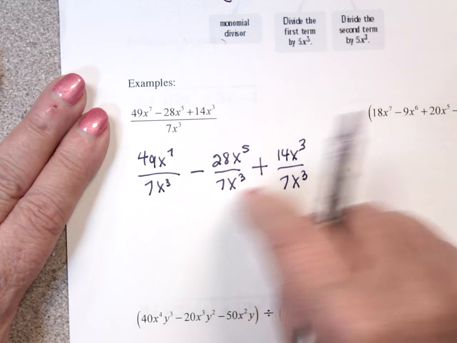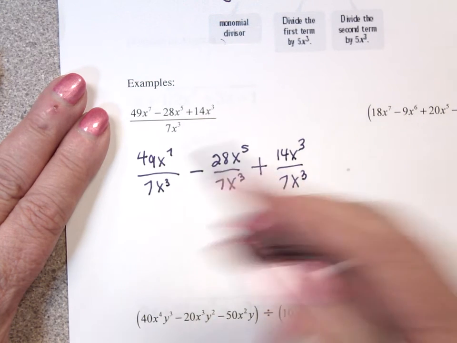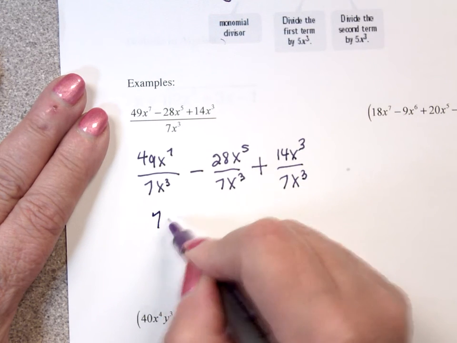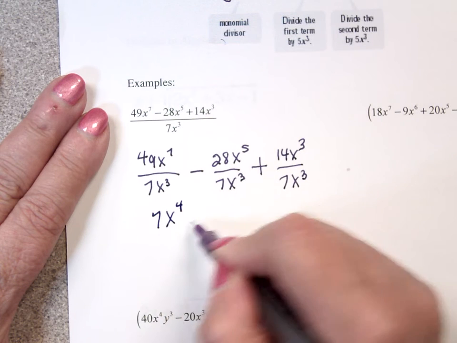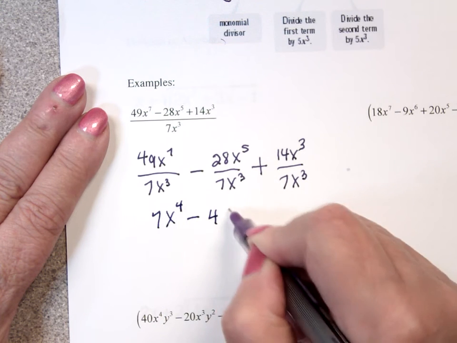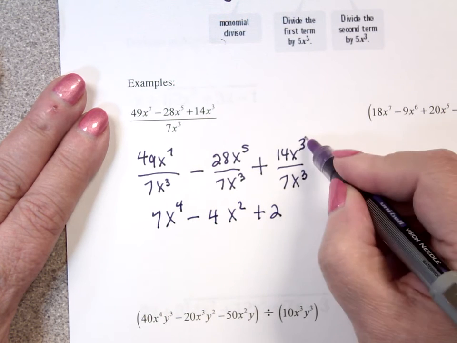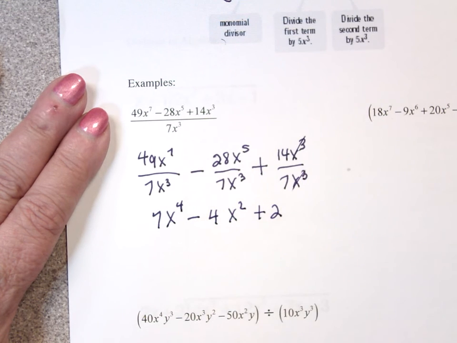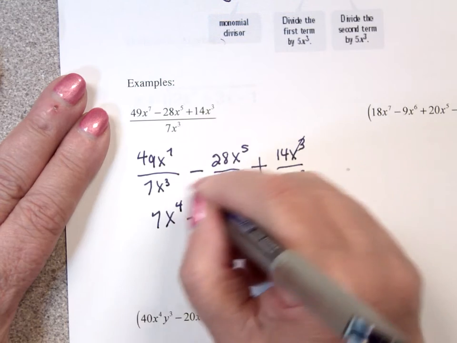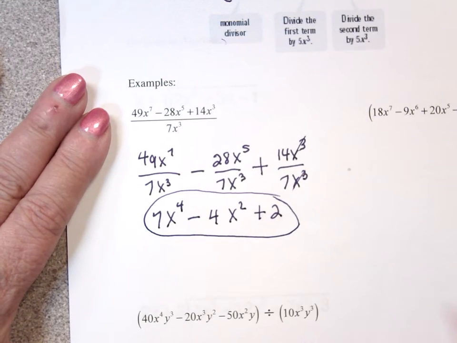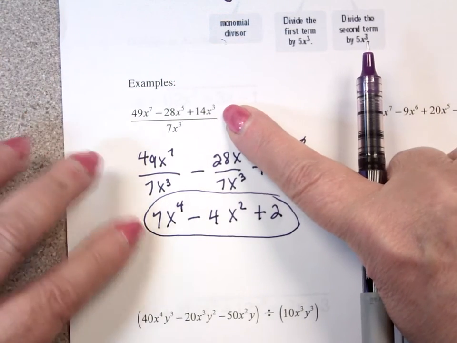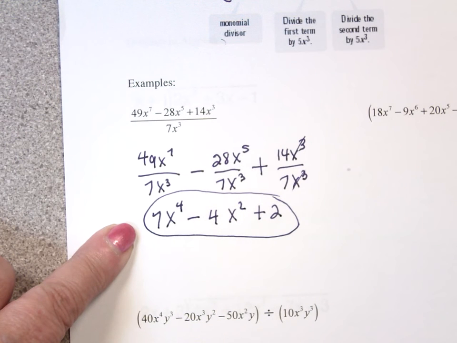And now you reduce all three terms down. This is 7x to the 4th, subtract 4x squared, add 2, because the x cubes end up with an x to the 0. Started out with three terms in the numerator, ended up with three terms for my answer.